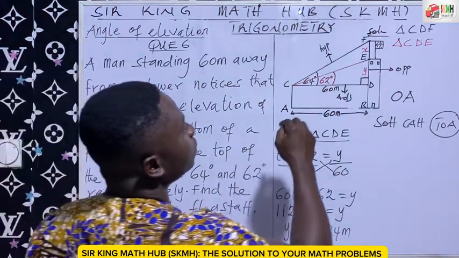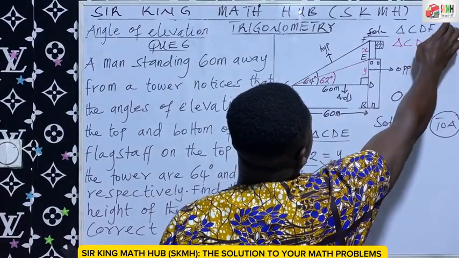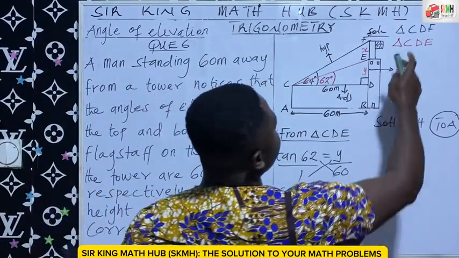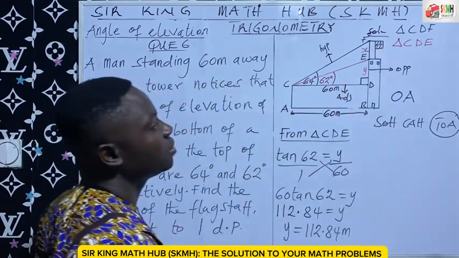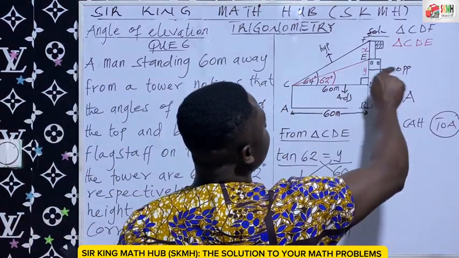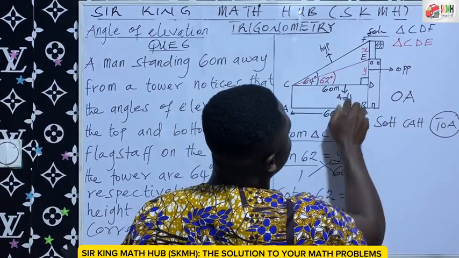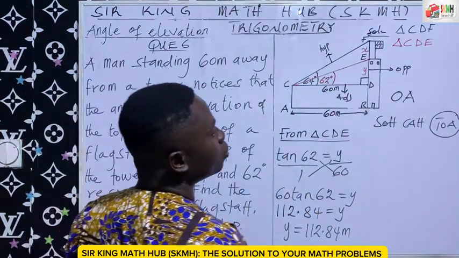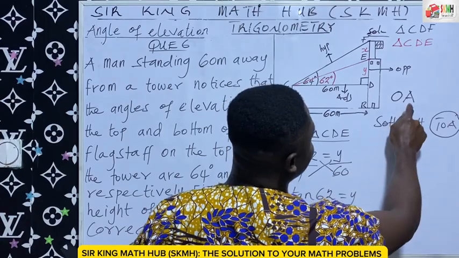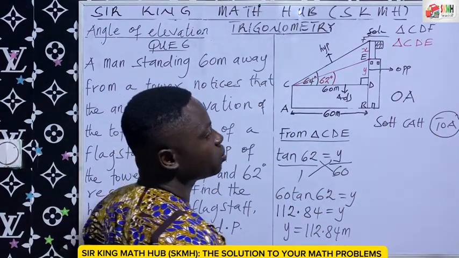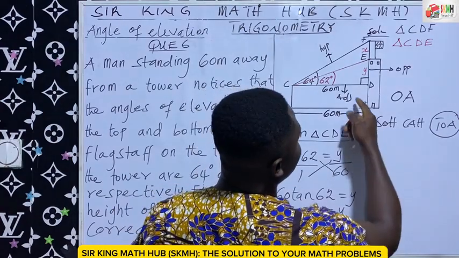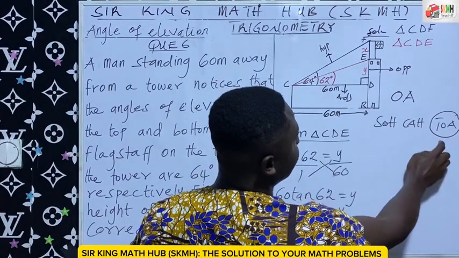Now, considering the bigger right angle triangle, that is triangle CDF, we know that this side here represents the opposite, and then this side here represents the adjacent. So we have the opposite and then adjacent. And again from SOHCAHTOA, which of them has opposite and then adjacent? That is TOA.